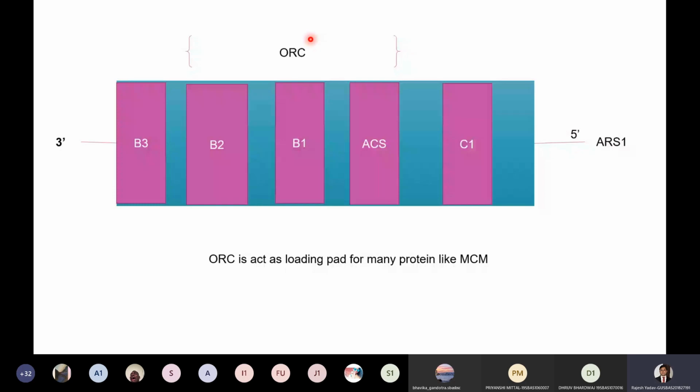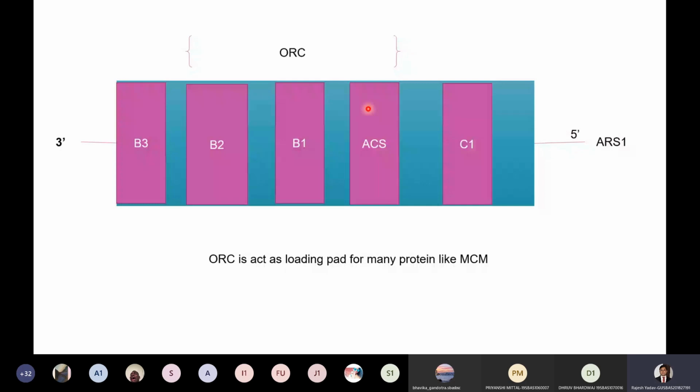This is just for learning how many domains are present in the autonomously replicating sequence, and what the ORC, the origin recognition complex, is within it. This portion is important, and it is called the autonomously replicating sequence.